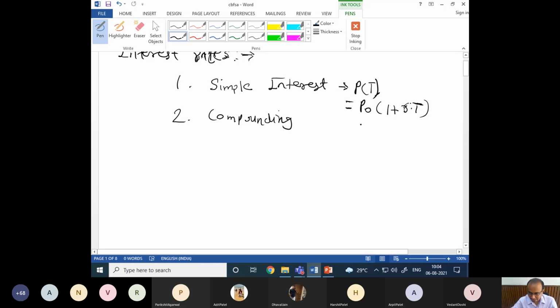So P_T is equal to P0 (1 plus R into T). If R is the interest rate per year and T is the number of years, I can get this much amount.